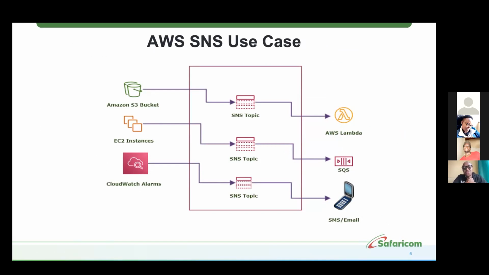So the topic knows that if I get such a push from the publisher, then I will need to do A, B, C, D, either subscribe that into an AWS Lambda, or even Splunk, or even push an SMS or an email to a person to be able to take action. So basically, this is the flow of how the SNS service works.